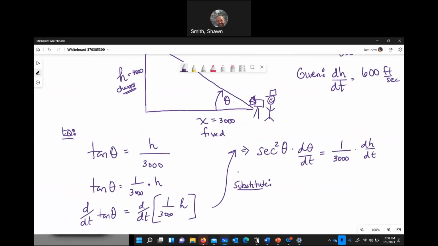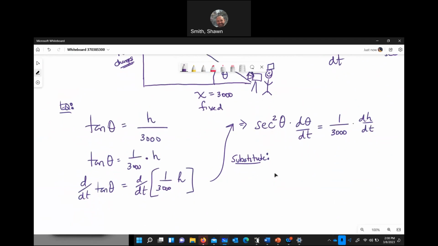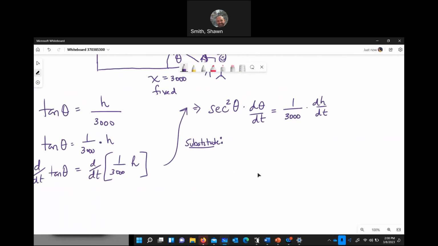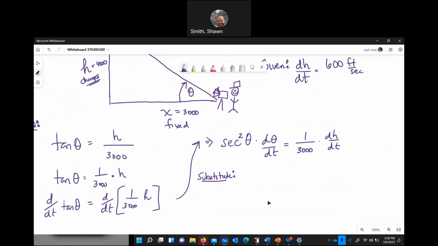All right, in our picture, at this point in time, height is 4,000.